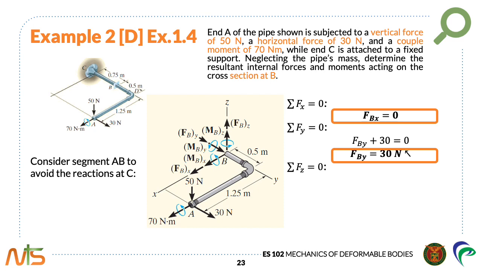And then we have the 50 newtons at point A going downward, so negative since it is going in the negative z direction, and then equate it to 0. Therefore, FBZ is equal to 50 newtons. Since it is positive, the direction is going upwards, in the positive z direction.